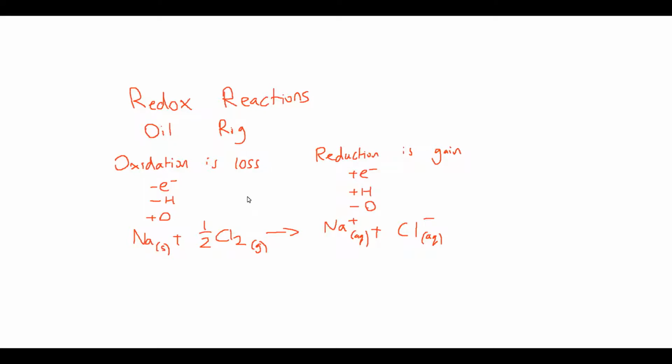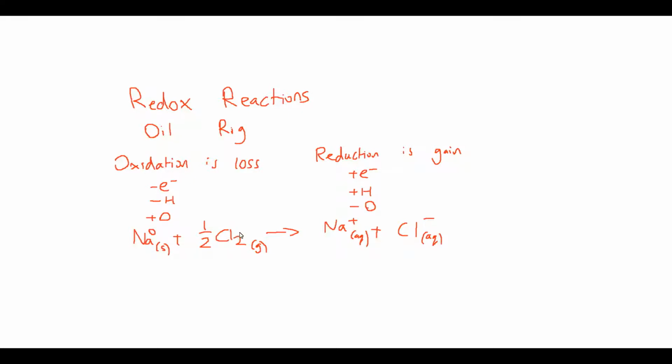If we look at a simple equation like below, where we have sodium reacting with chlorine to give sodium and chlorine as ions, we can see, looking at the oxidation numbers, which of these species has been oxidized and which has been reduced. So if we assign oxidation numbers to start with, we see that sodium, being in the solid state, being uncombined, has an oxidation state of 0, as it's in its elemental state.